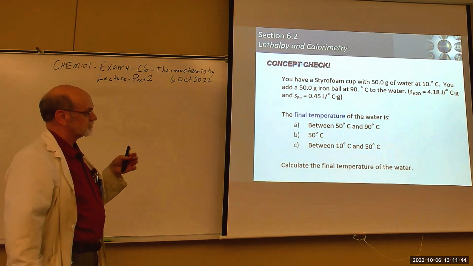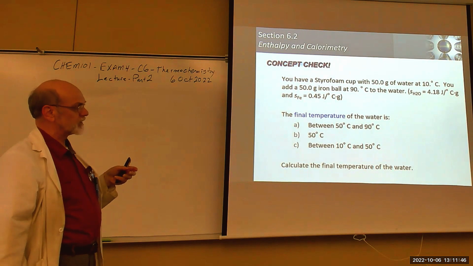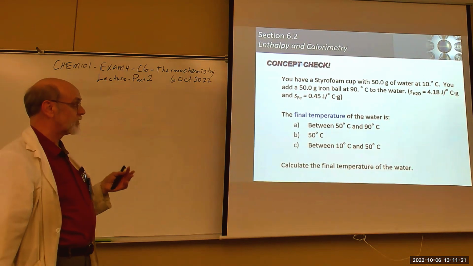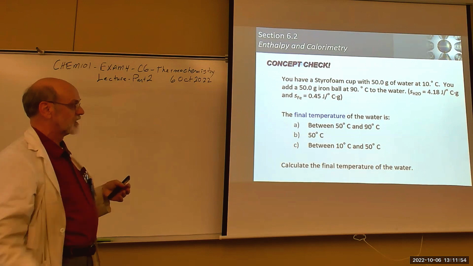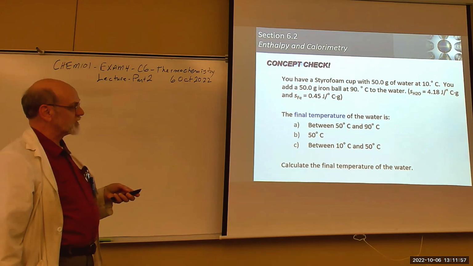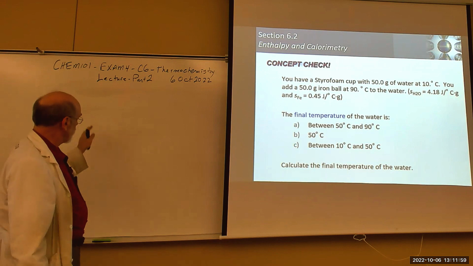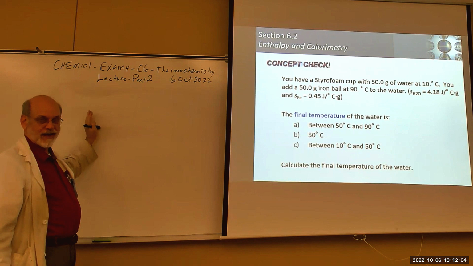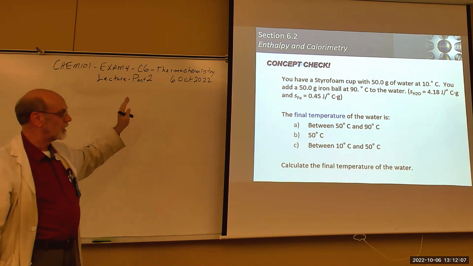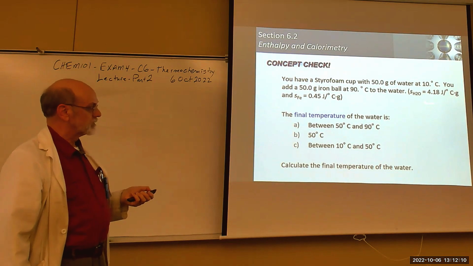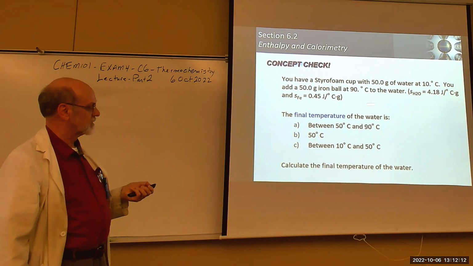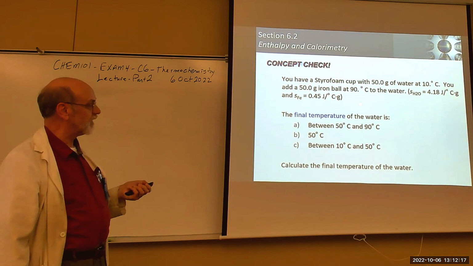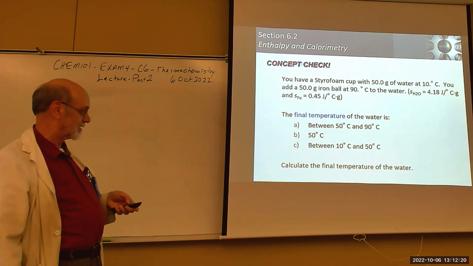Okay, now in this case, we've got 50 grams of water at 10 degrees and another different substance altogether, a 50-gram iron ball at 90 degrees. And we want to know the final temperature. We've got a similar situation where we have Q iron and Q water, but we have different specific heat capacities. So those terms will be different in that calculation, but we'll still be looking for that final temperature, right?